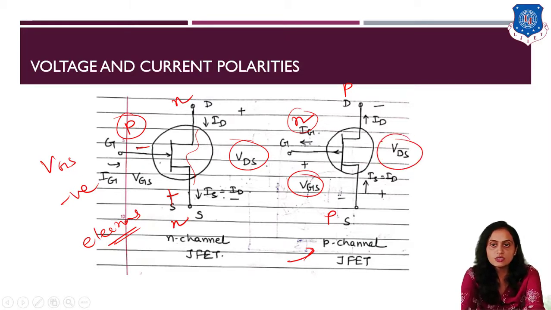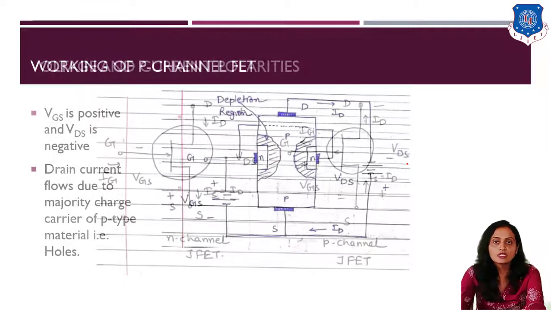As VGS is positive, VDS will be negative, and due to that the holes will be moving from source to drain, and the current direction is also shown in the direction of the hole movement, and that is why ID is going up. So this is the voltage and current direction for the n-channel and p-channel JFET.